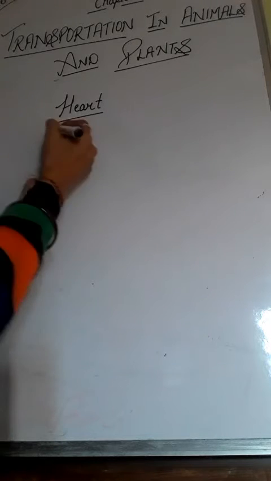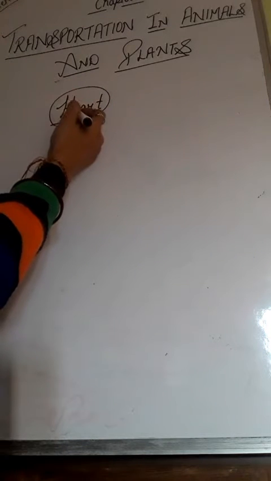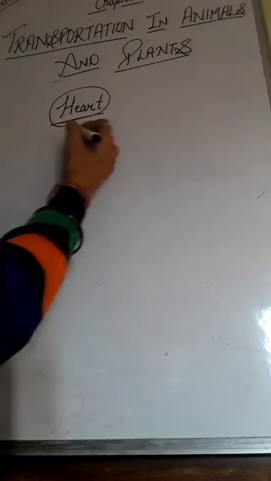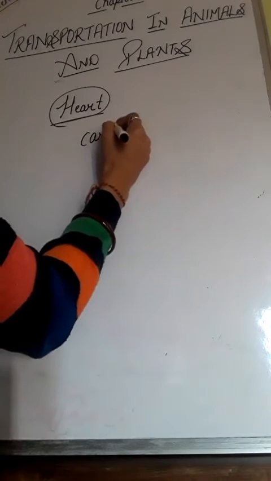So where is the location of the heart? The heart is located in the chest cavity, slightly towards the left side. It lies between the two lungs and above the diaphragm, and the heart is made up of special muscles called cardiac muscles.